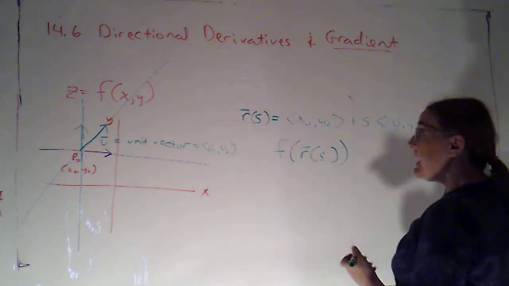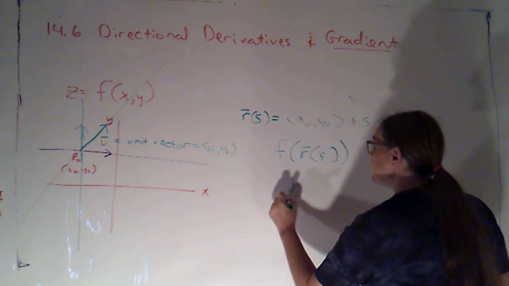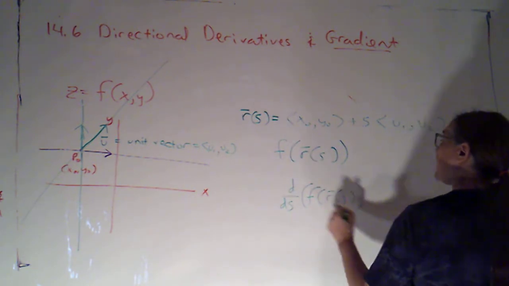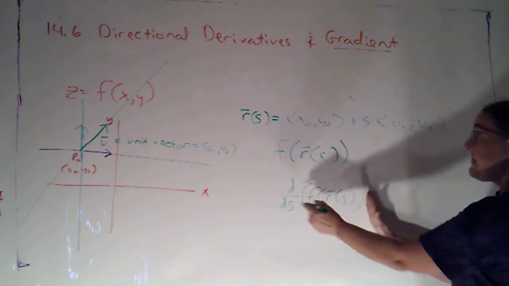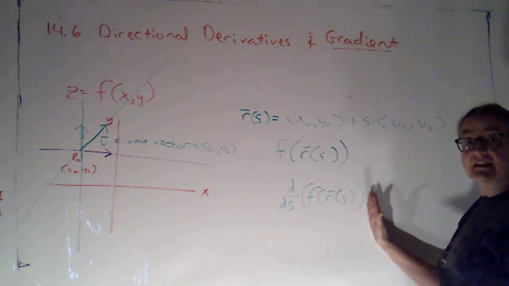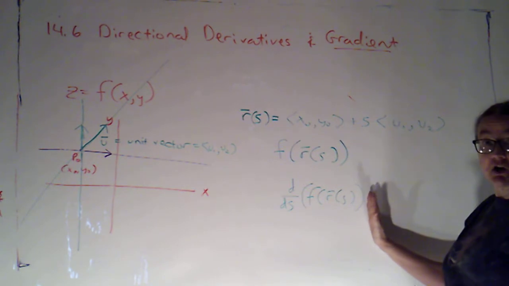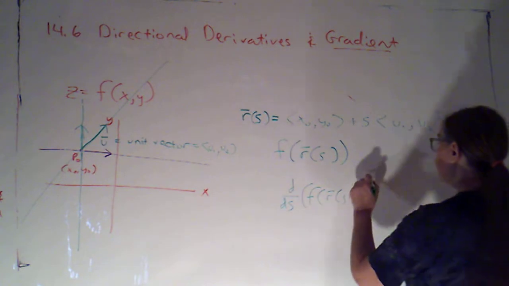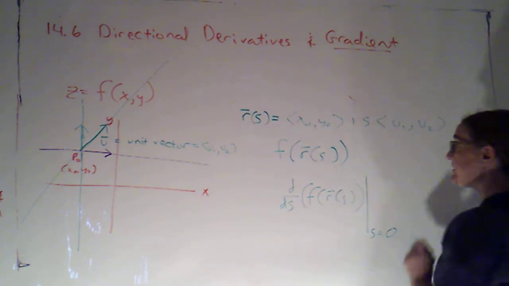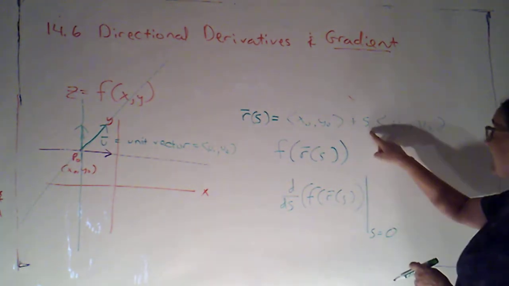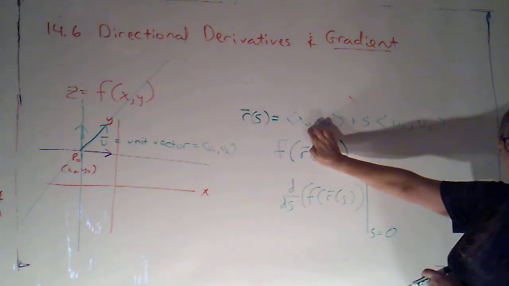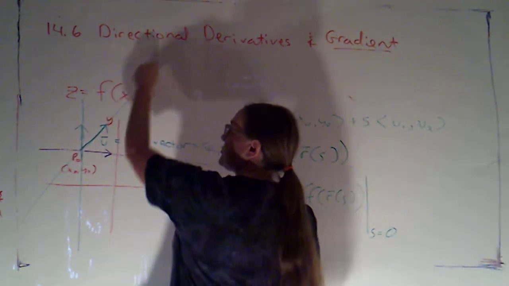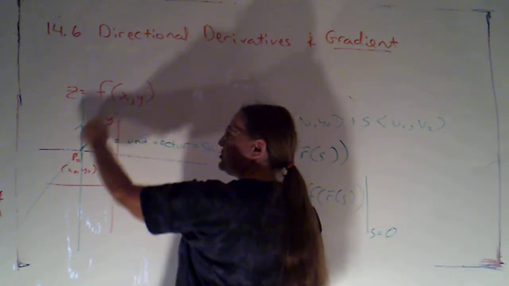Okay. And if I take the derivative with respect to s of f of r of s, that's going to be giving me the slope of the line that's tangent to that curve. Now, if I'm concerned with what's happening at this point, I would evaluate that when s is equal to 0. That's because if s is 0, we're at our starting point. Okay. Notice that's calculating, as we go in this direction, how the z values would change.